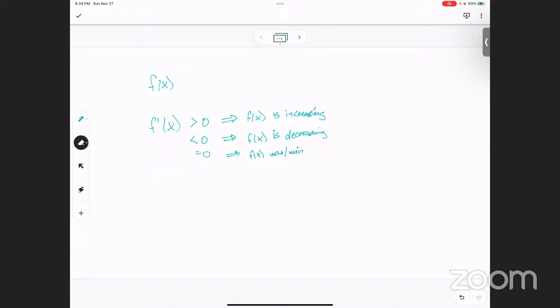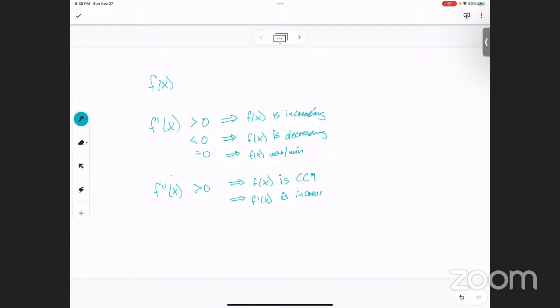If f double prime of x is greater than 0, that implies that f of x is concave up, and that implies that the derivative is increasing, right?